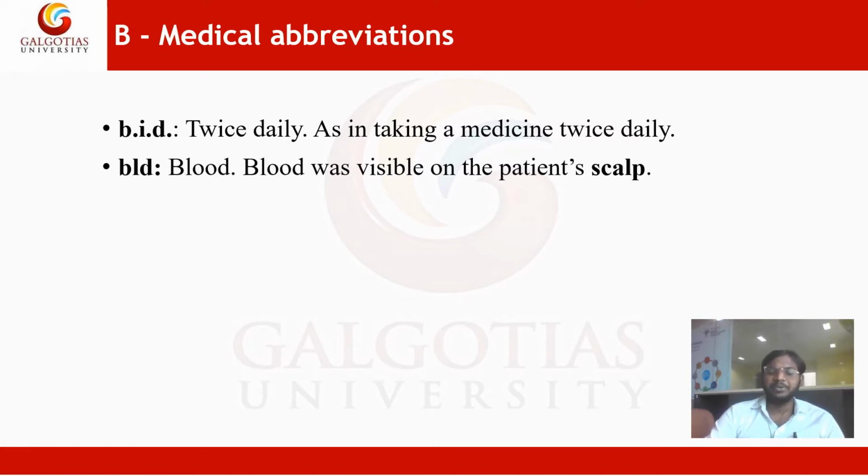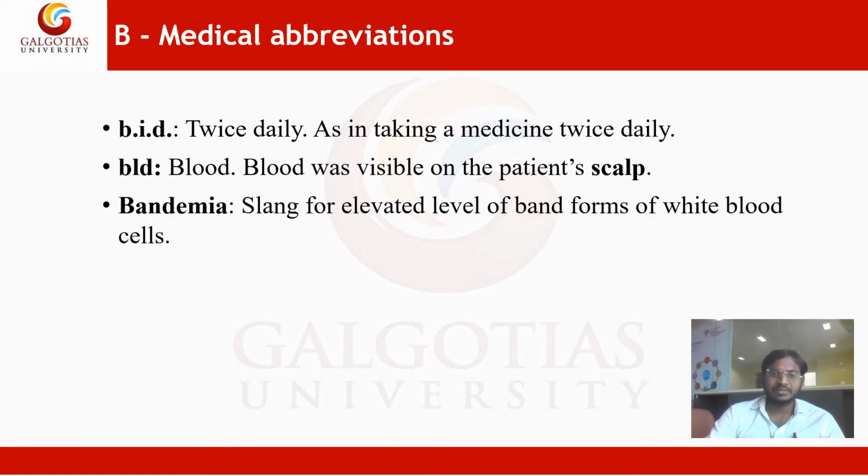Next one, BLD. BLD, blood. The BLD code is blood. Blood was visible on the patient's scalp. It means we can observe blood on the patient's skull. BLD means blood only.